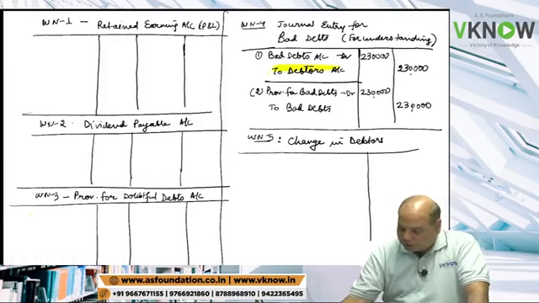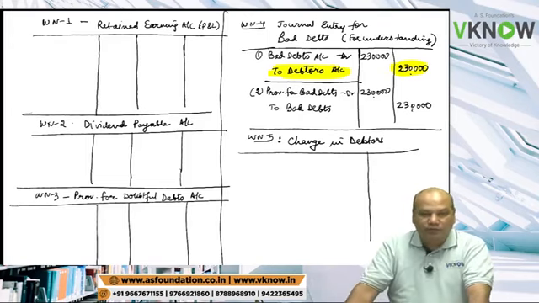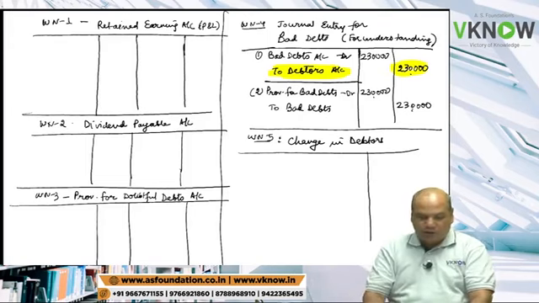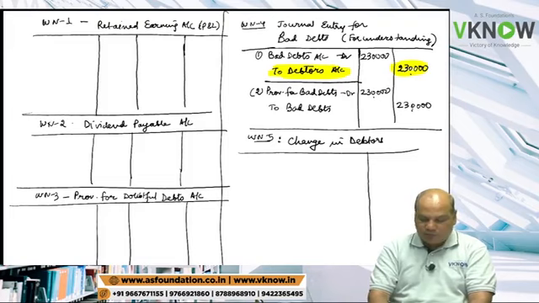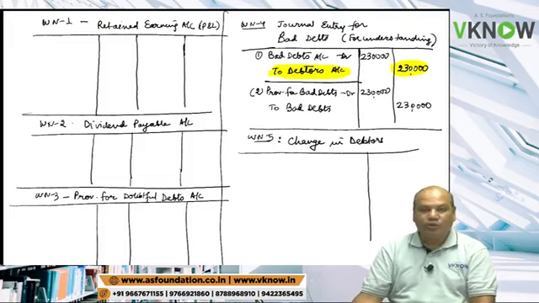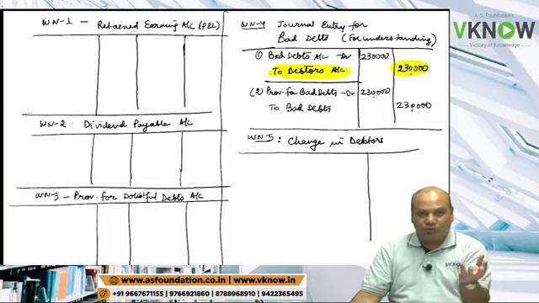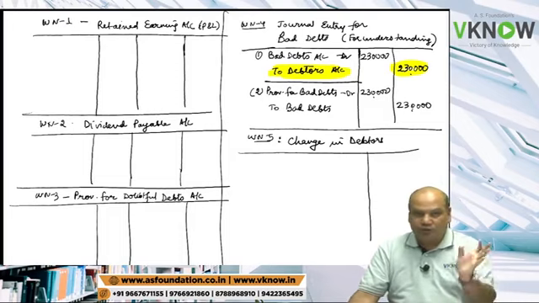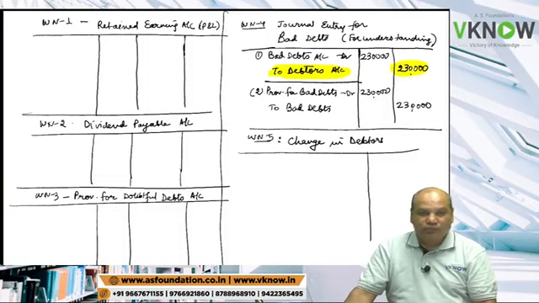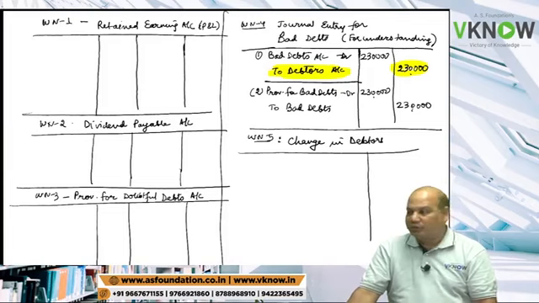While calculating the change, I cannot directly take the difference. I will have to make some adjustment in opening debtor figure, then calculate the change. Out of opening debtors, 2,30,000 was bad. So I have to make adjustment for that. Otherwise, your cash flow statement will not tally.